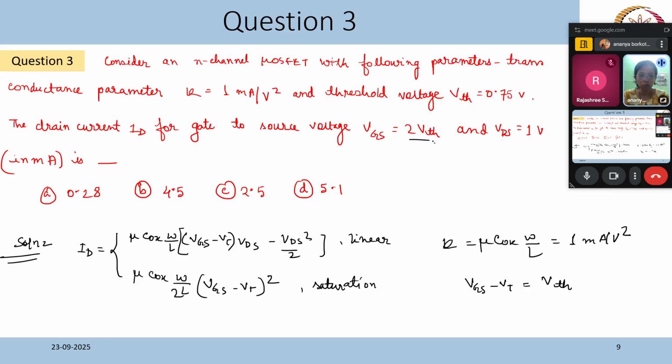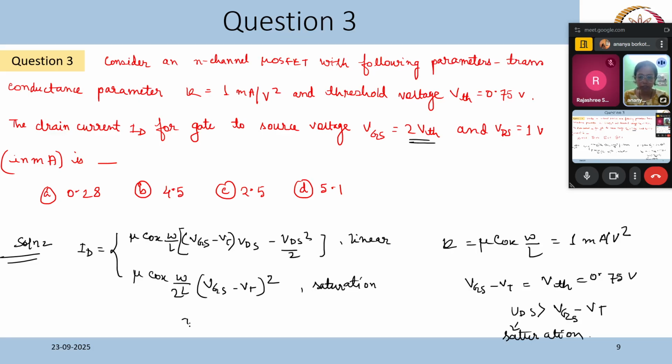Because VGS is 2 VTH, which is 0.75. And our VDS is 1 volt. So VDS is greater than VGS minus VT, so our device is in saturation. So we'll use this expression.